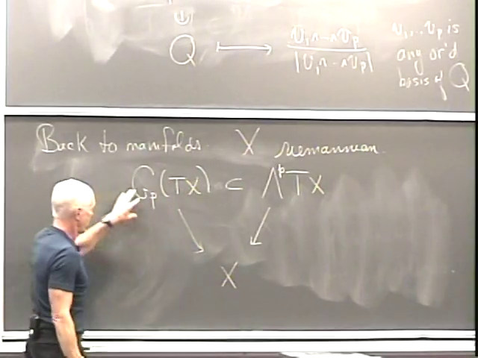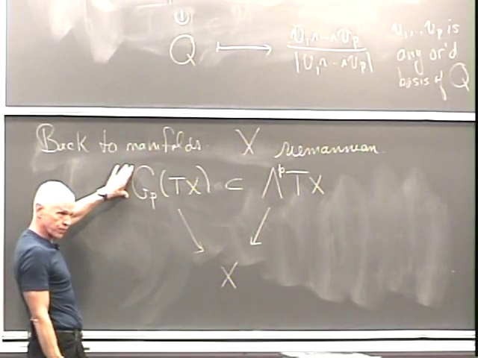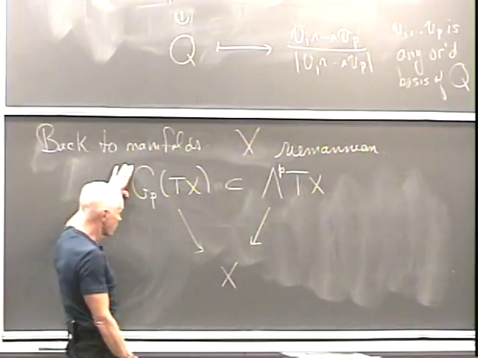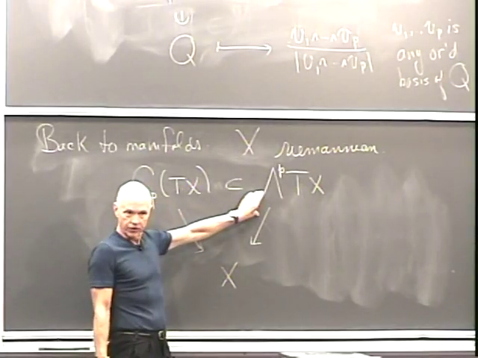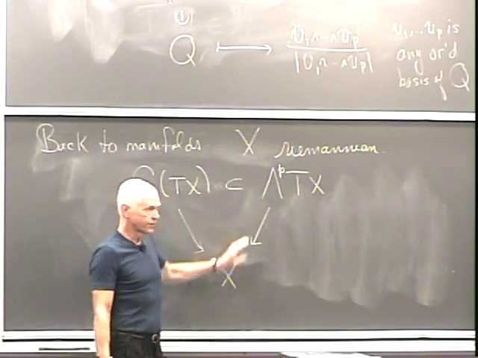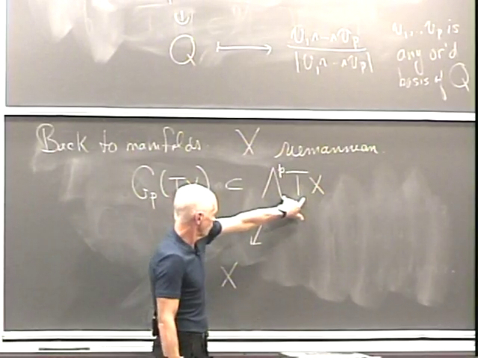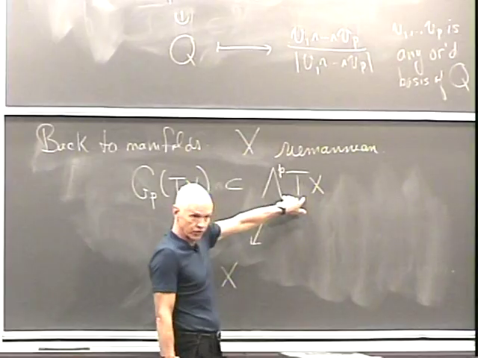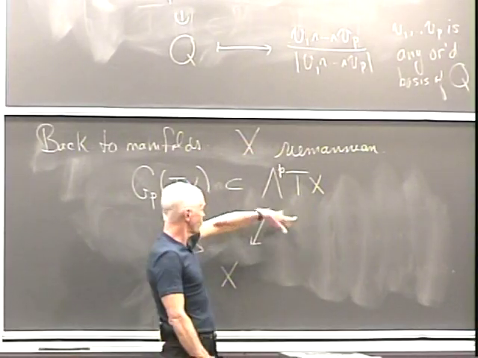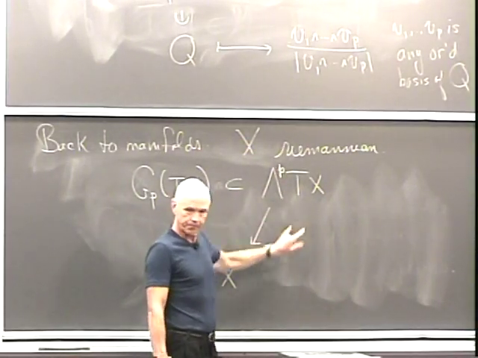So now I can think of this bundle I was discussing before, the bundle of oriented tangent p-planes, as a subset of the unit sphere bundle in wedge p of T_x. And since it's Riemannian, we have the Riemannian inner product here, and we also have the mass norm, and on its dual space, the comass norm. Okay?